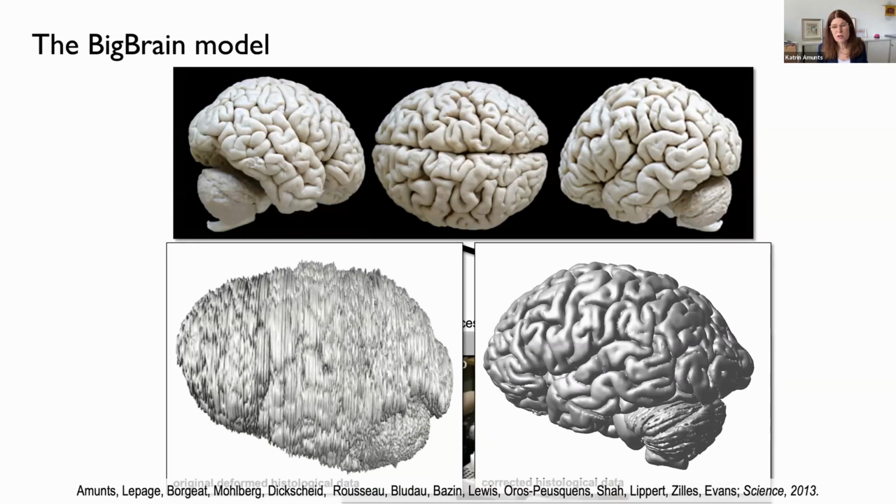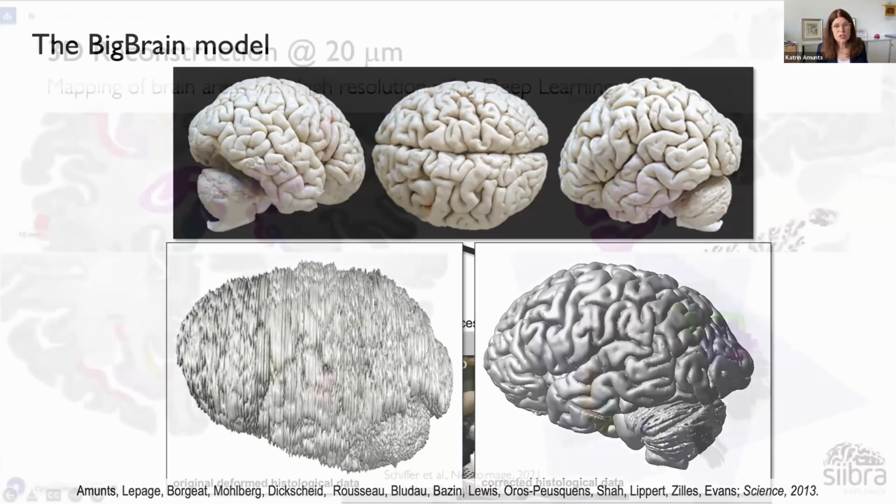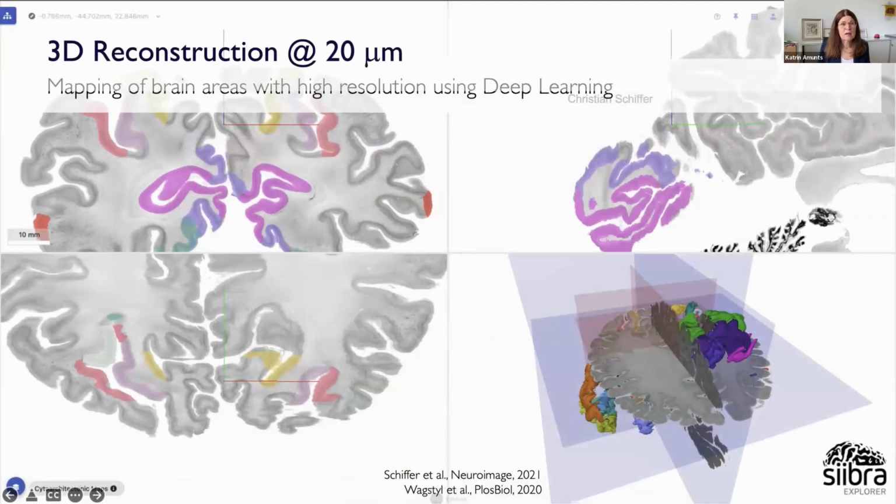But our work together with Montreal colleagues resulted in a highly precise 3D reconstruction, a 20 micrometer isotropic reconstruction of a single brain, with an original data set size of approximately 1 terabyte. And in the last years, we then started to parcellate these maps in a detailed way.